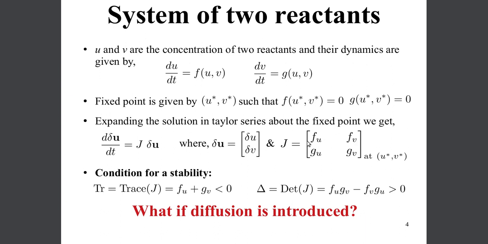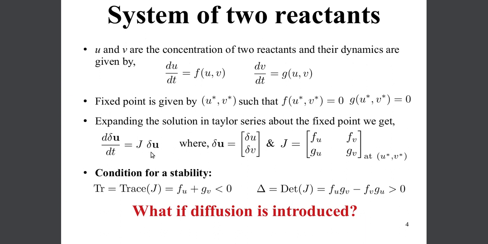This is our notation, and it is calculated at u star, v star, so at the fixed point. We have kept terms up to the linear term of this perturbation. In reality we can have more terms, but we are doing linear stability analysis, so we kept only up to the linear terms.